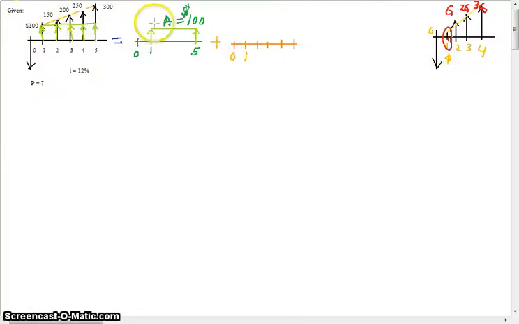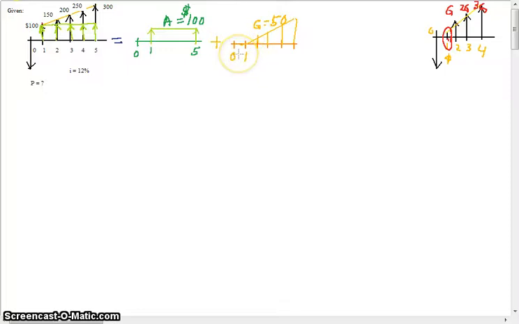And if we add these two together, we have 100 from the uniform series. So now we can just add on our gradient. It starts out at 0 in that year and goes up from there. Okay, and it's going up by a value of 50 each year. G equals 50.